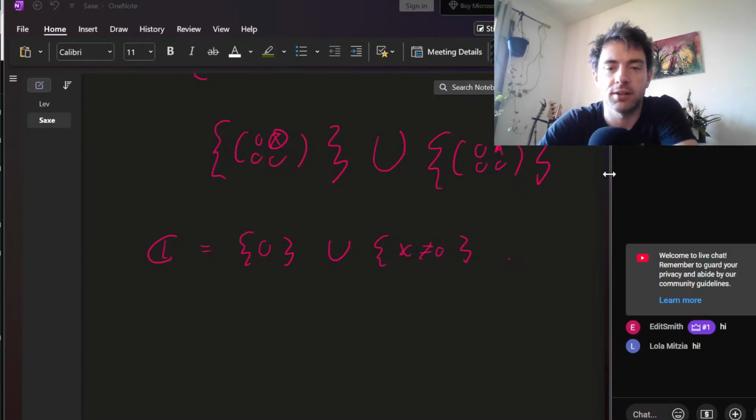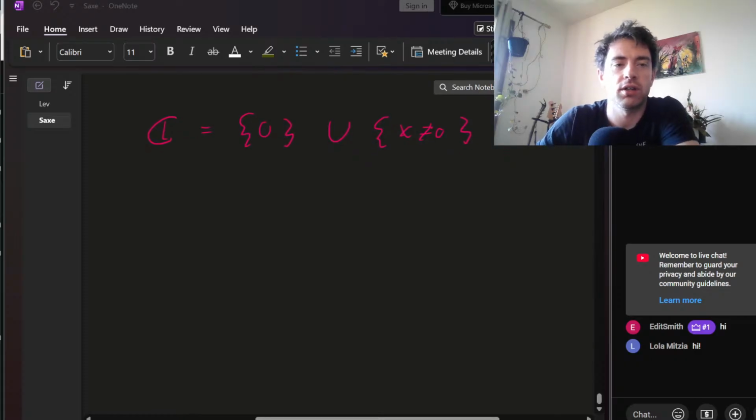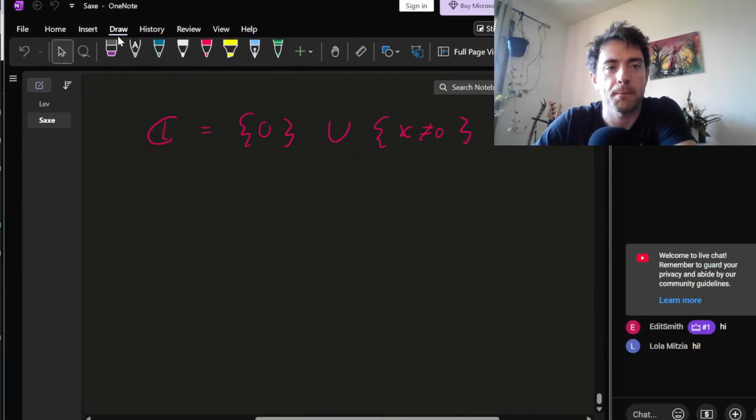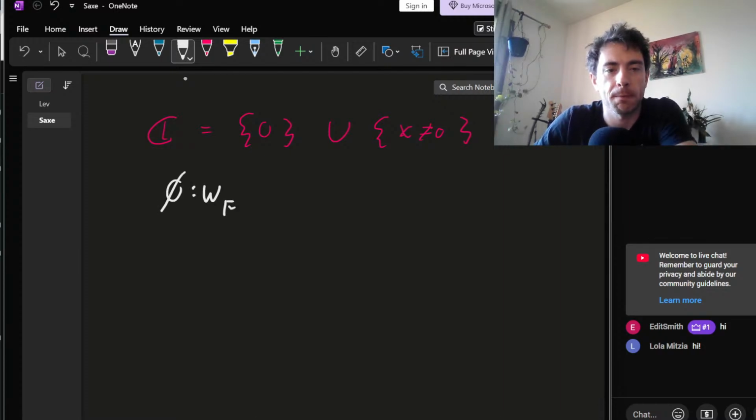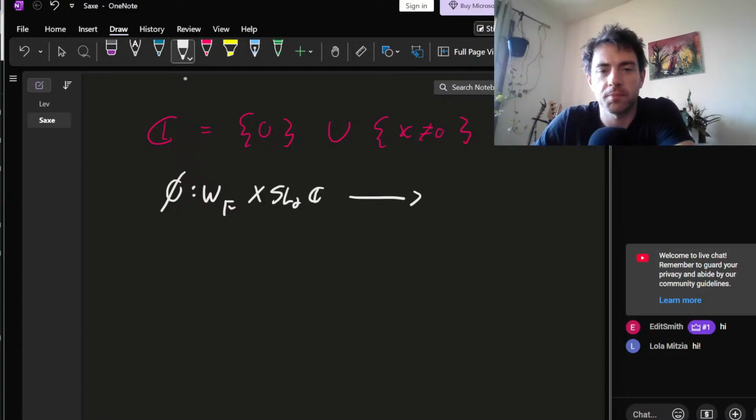And then, at least for us, a Langlands parameter for GL_N should be a homomorphism into GL_N(C). So this is a Langlands parameter for GL_N(Q_p), or GL_N(F), I should say.